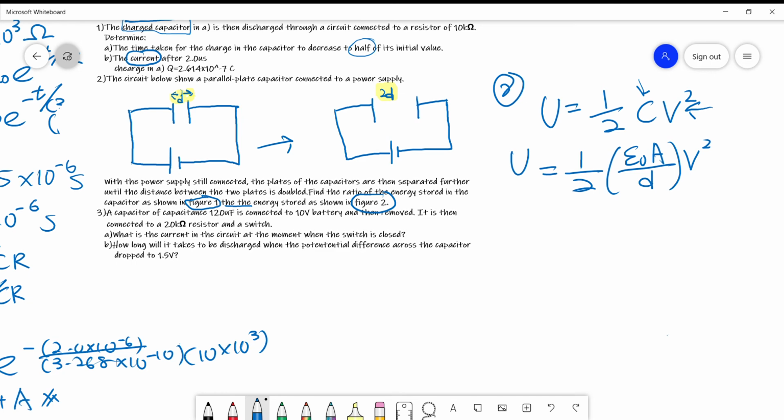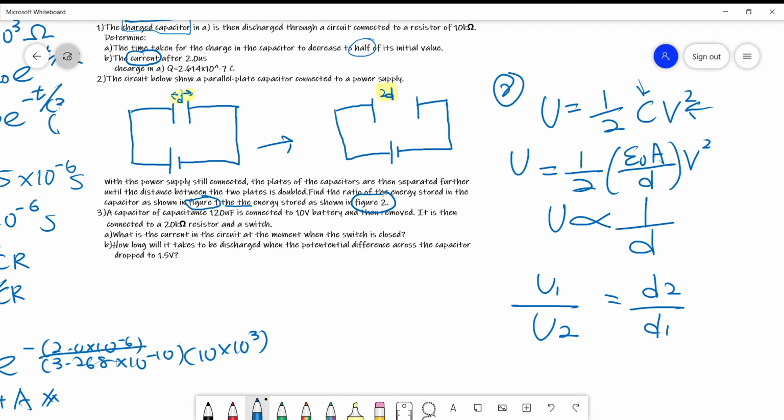Based on this relation, I can say that U is inversely proportional to the plate separation. So for the ratio of figure 1 to figure 2, since they have an inversely proportional relation, this one is D2 and this one is D1.